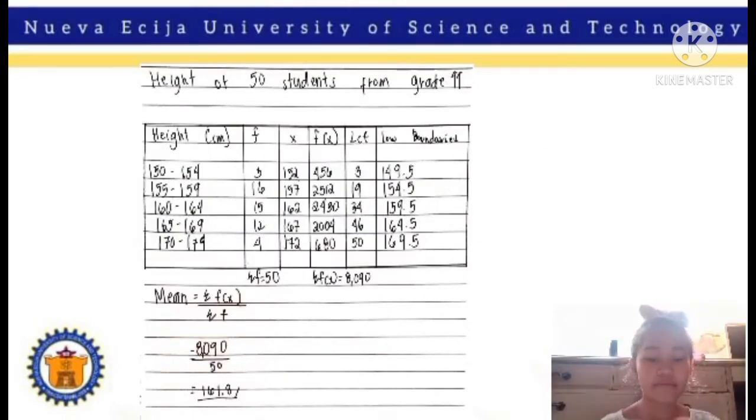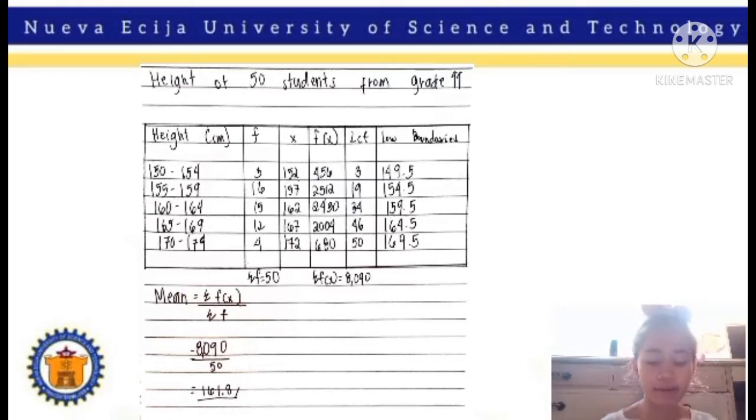To get the mean, we will use our formula. But before that, we will get the total frequency, and the total of frequency multiplied by class mark. We will just add the frequencies: 3 plus 16 plus 15 plus 12 plus 4 equals 50.